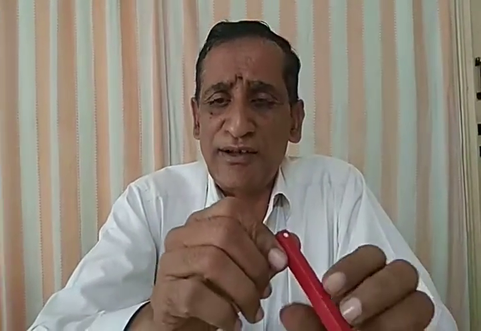Usually it will be like that. Even if you take any magnet like this, one end is north, another end is south. Usually the north is marked with a dot, so that we can easily understand.